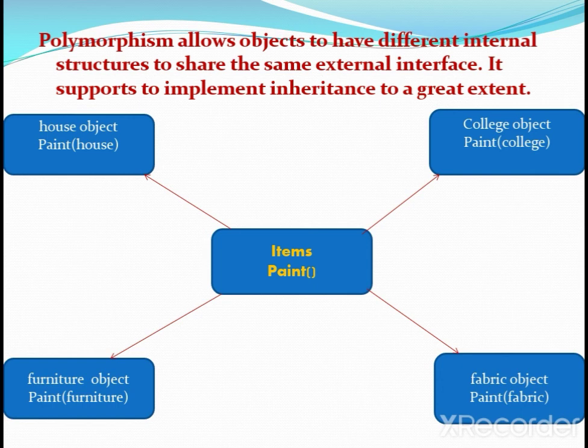Paint: house paint, college paint, furniture paint, fabric paint. These are the different arguments. Here the objects are house, college, fabric, furniture.